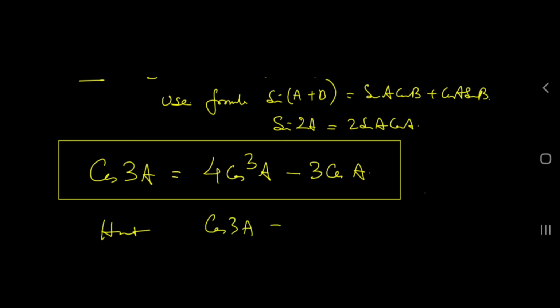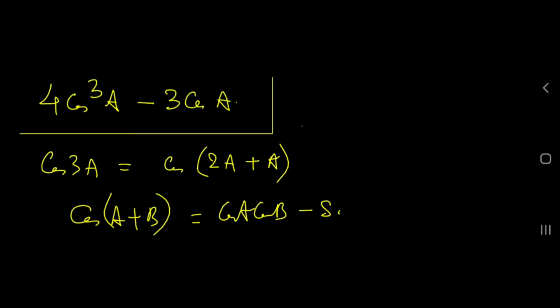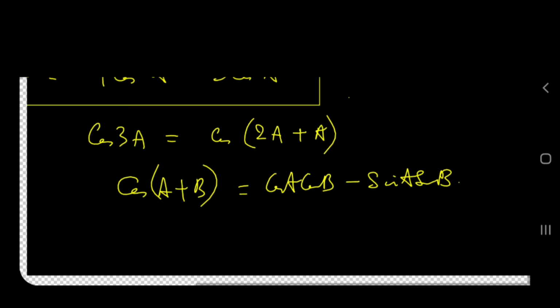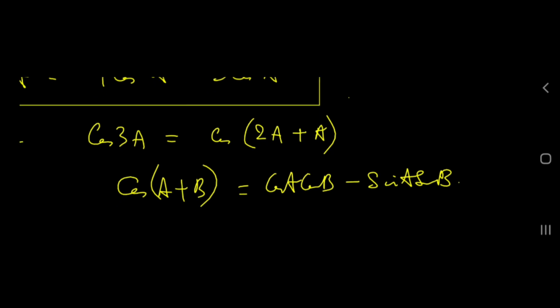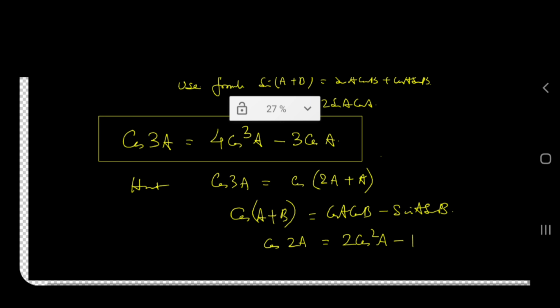Cos 3A can be written as cos 2A plus A. So again we can use the cos A plus B formula, that is cos A cos B minus sin A sin B, and again we can also use the cos 2A formula. So cos 2A will come, right? Cos 2A you can use as anything you like, but because it is in cos, you can use 2 cos square A minus 1. It will be better. So think and do. Okay, bye bye.